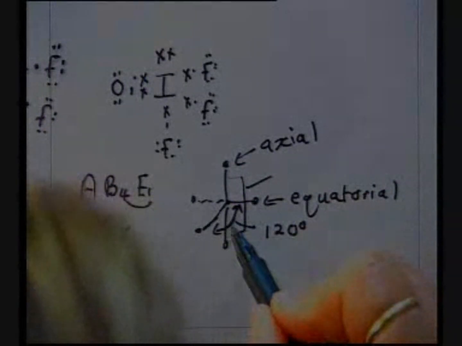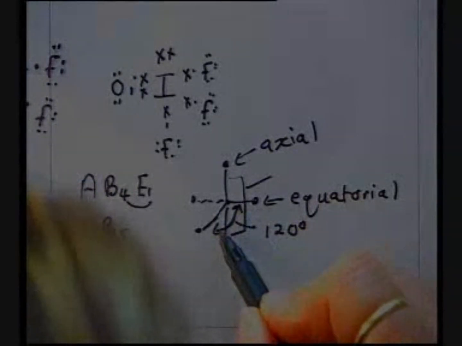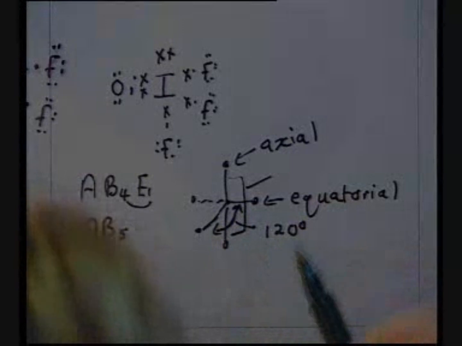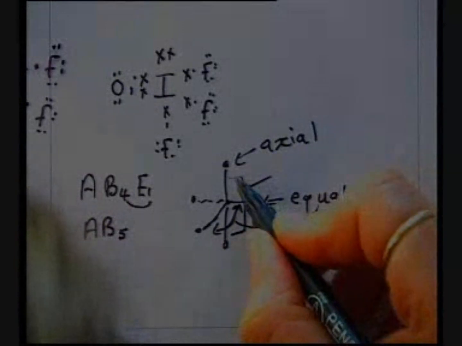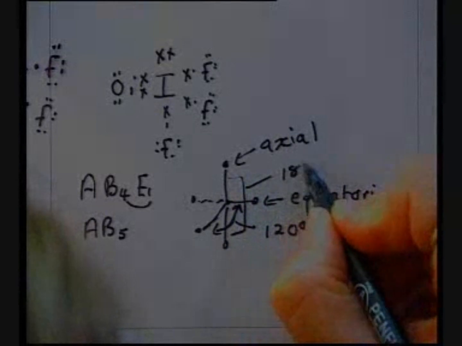For the perfect trigonal bipyramidal structure, we expect the equatorial bond angle to be the perfect 120 degrees and the angle at the central atom to be 180 degrees.